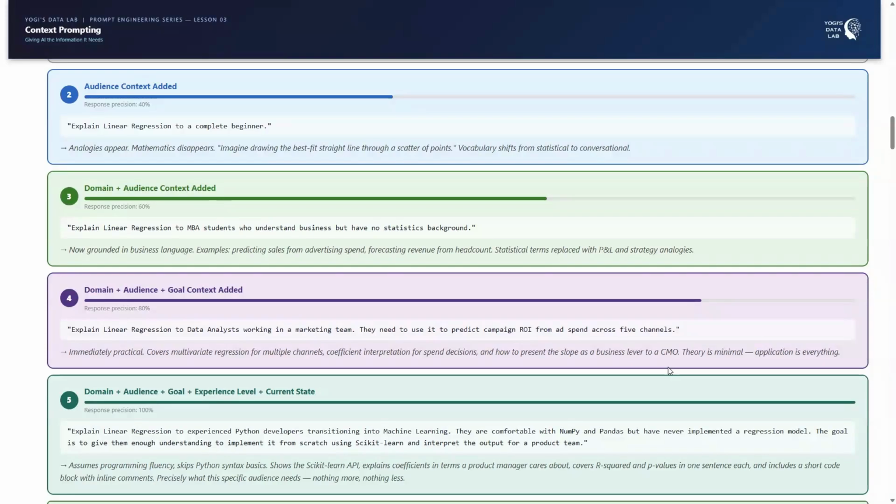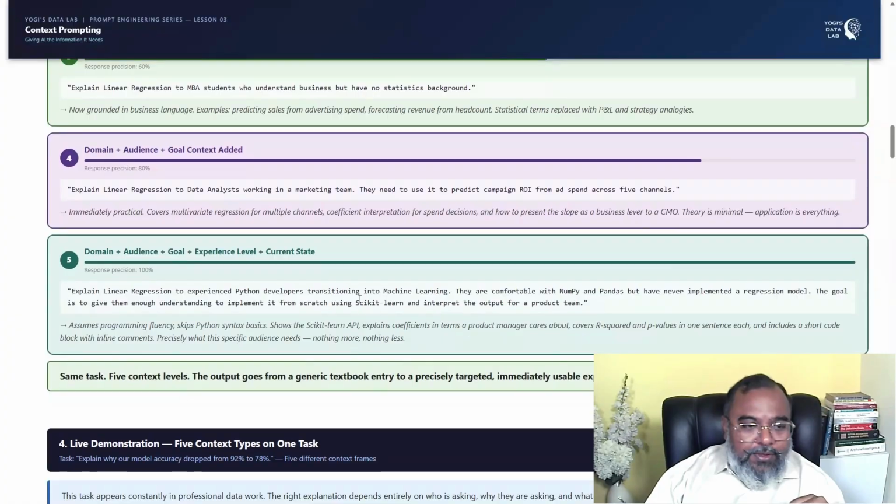Now, the next one that we are looking at is domain plus audience plus goal plus experience level plus current state. So I have mixed 5 of them here. So, explain linear regression to experienced Python developers transitioning into machine learning. So that becomes your audience.